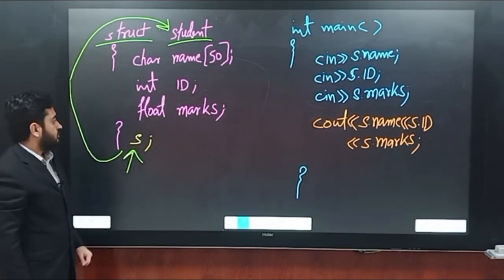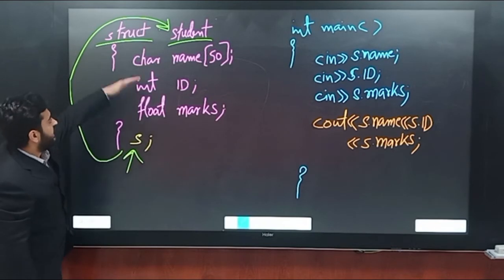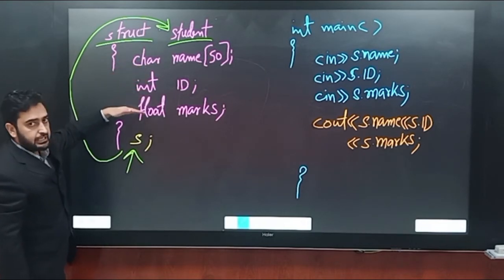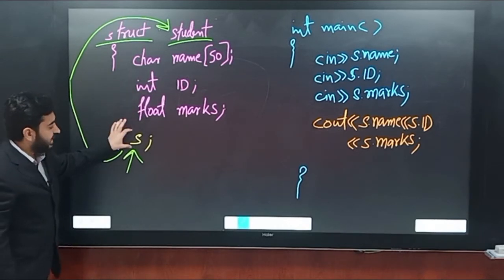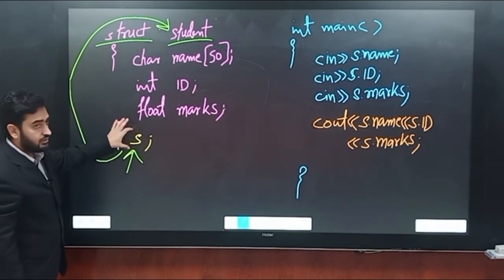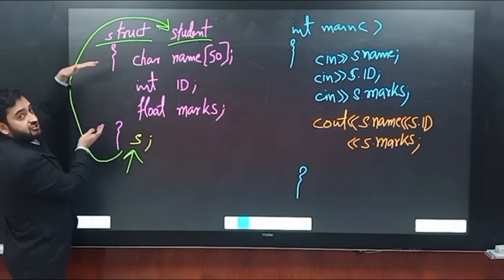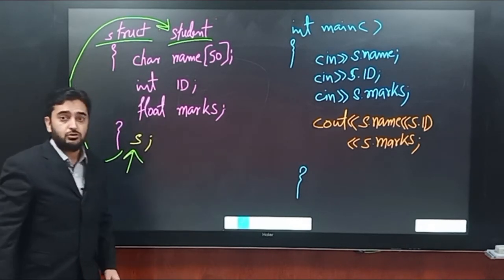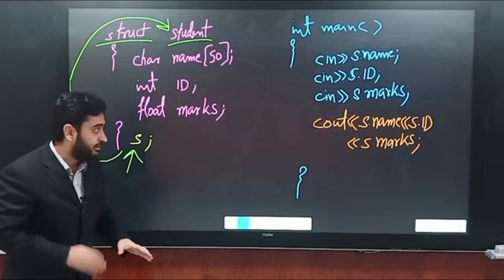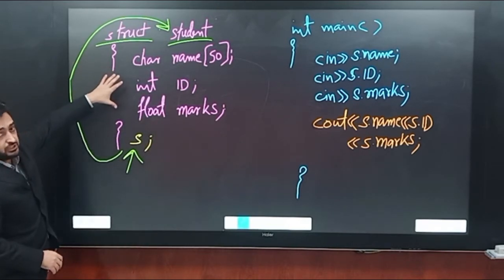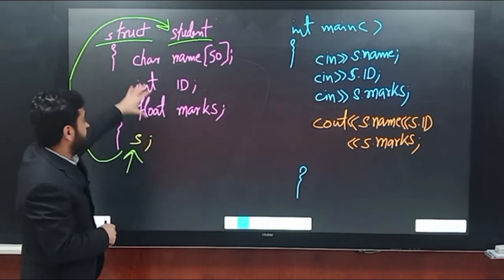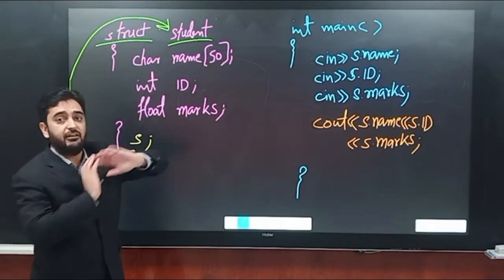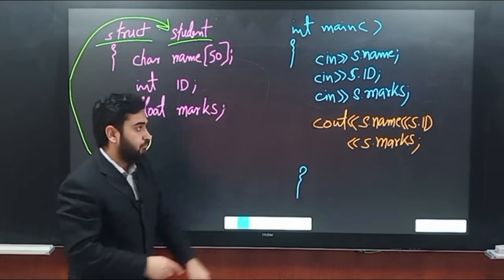Through this s we can access each data type or each variable inside the structure. We have actually created a copy or object of this structure in the memory. If you define another variable of this student type, you are going to create another copy or object in another space of the memory.